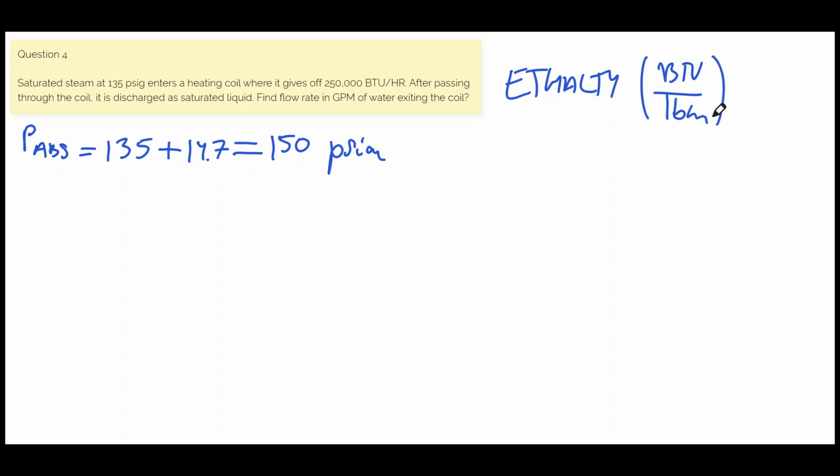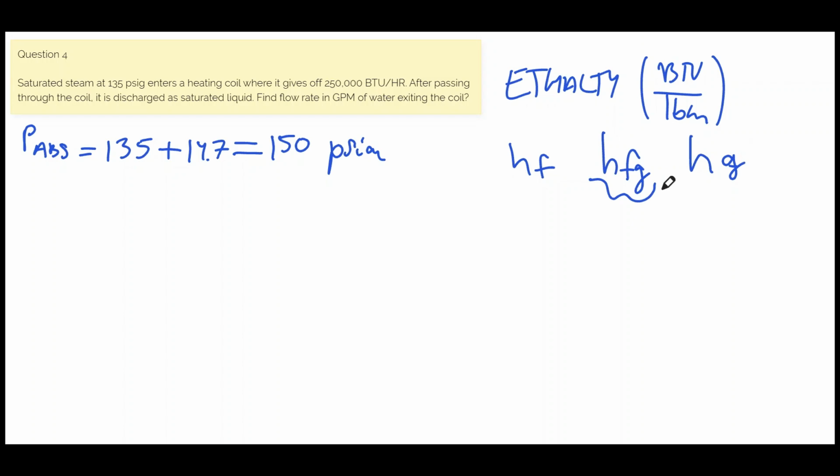Now you're going to see HF, this is liquid, HFG, and HG. HFG is the difference between gas and liquid.